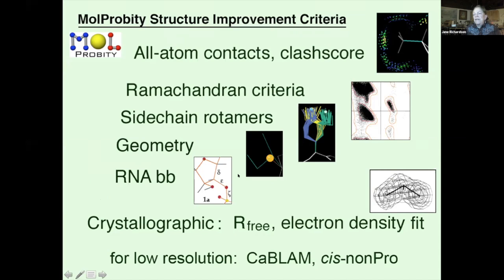And more recently, we have added things like cis-non-proline and kablam evaluation and a number of other things that I'll talk about at least briefly, and RNA validation. We're one of the few validation sites that actually pays any attention to nucleic acids. And DNA we find is extremely hard to validate for reasons I can explain if anybody wants to know, but we've done pretty well with RNA.